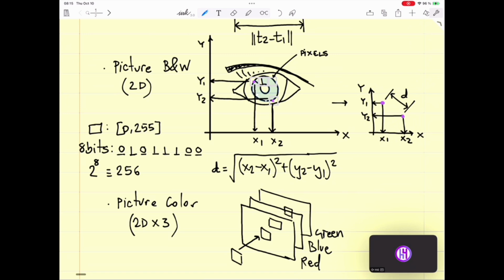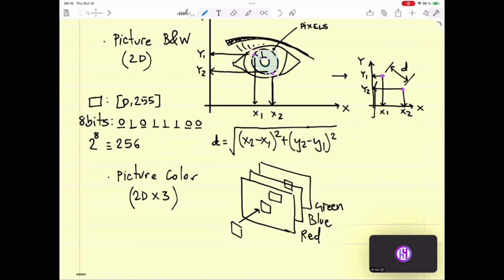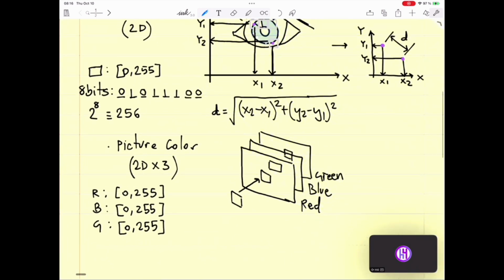Okay, so here you have three possibilities. For the red channel you have 0 to 255. For the blue channel you have 0 to 255 and for the green channel you have also 0 to 255. Basically, whenever you see a color picture, what you're seeing is a cube of data.